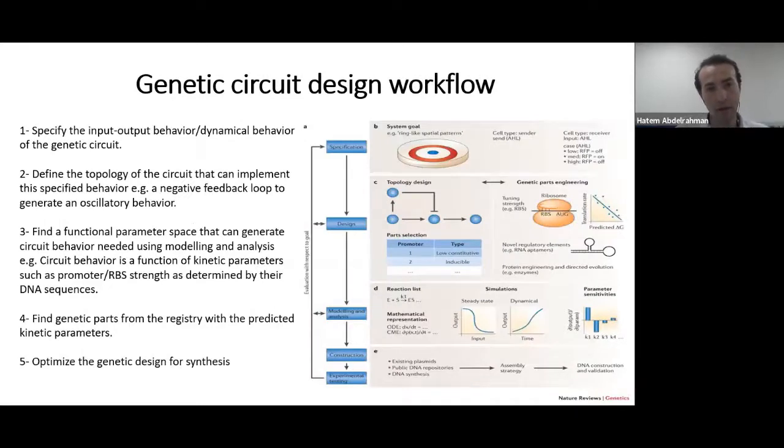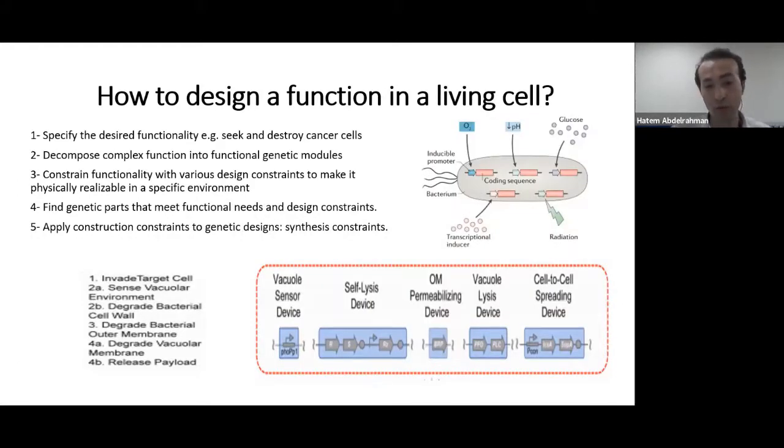So let's talk about how to design a genetic circuit that, in this case, could control the level of expression of these genetic modules for our engineered function, the timing and conditions. You can couple the expression of these cancer invading function modules to the cancer environment conditions, so that you can, for example, sense pH, and sense hypoxia conditions.